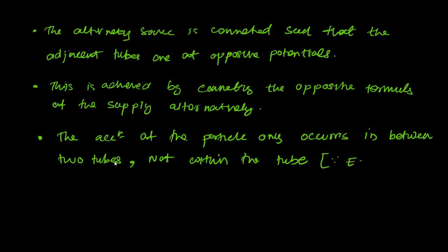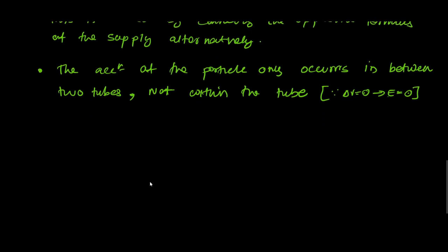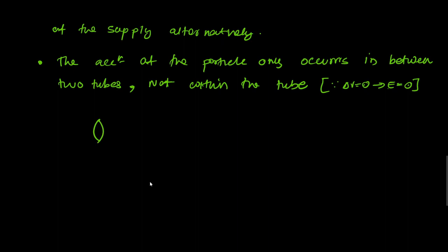Since delta V is equal to 0, and this in turn means E is equal to 0. So if I draw the tube, let's say when the particle is here, there is no potential difference. Delta V is equal to 0. Therefore, acceleration is 0.